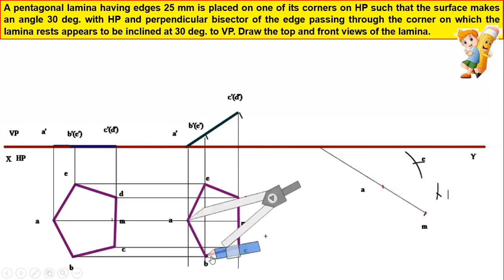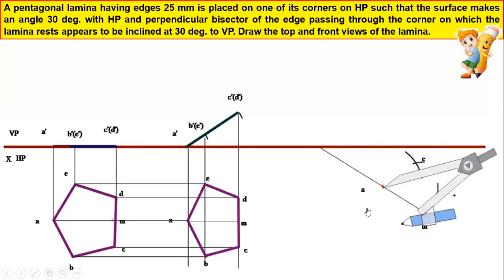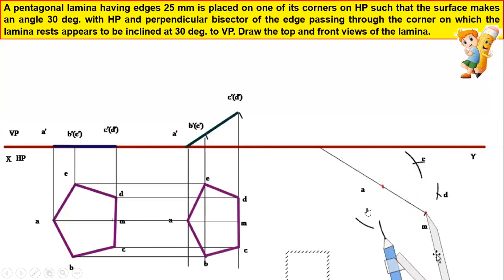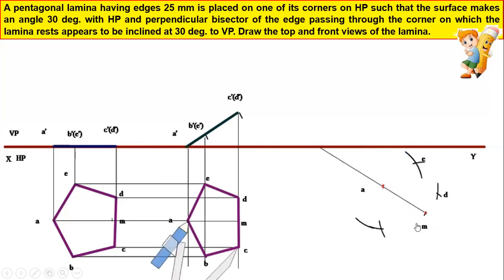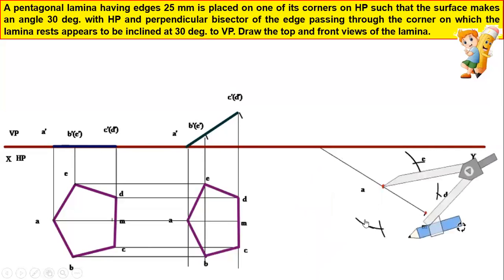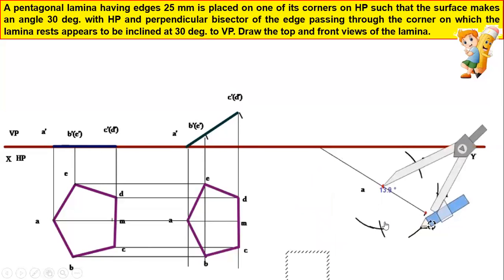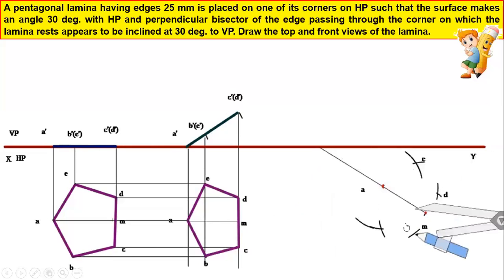Measure A to B with A as the center, cut an arc. Again M to B with M as the center, cut an arc. Again measure A to C with A as the center, cut an arc. Again M to C with M as the center, cut an arc.